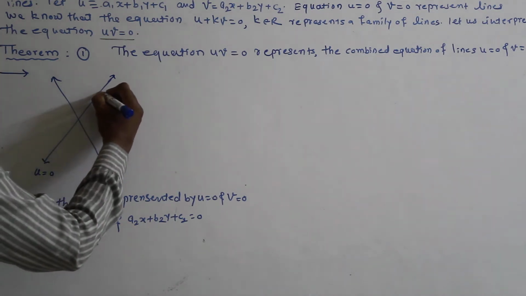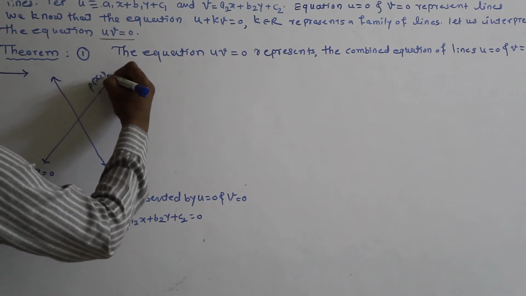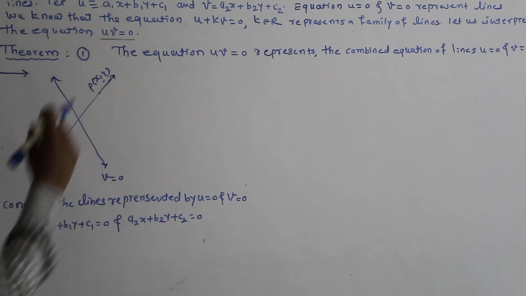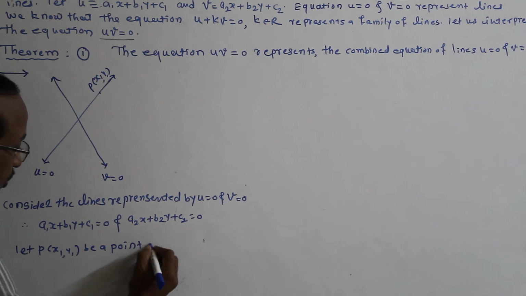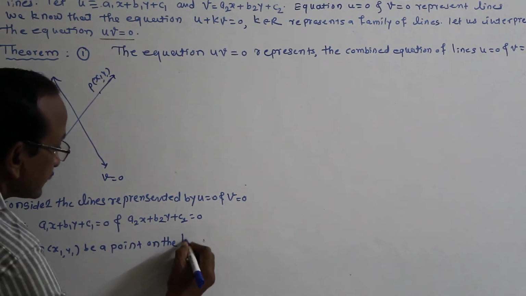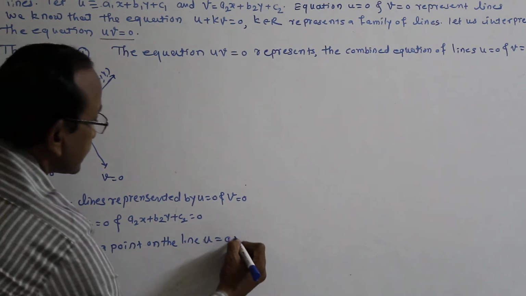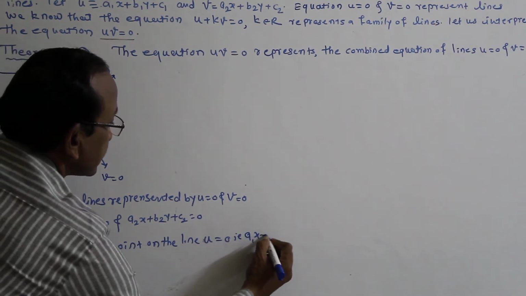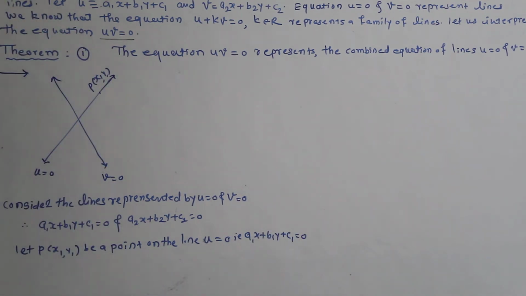Now, let P(x1, y1) be a point on the line u equals 0. So that is, a1x plus b1y plus c1 equals 0.